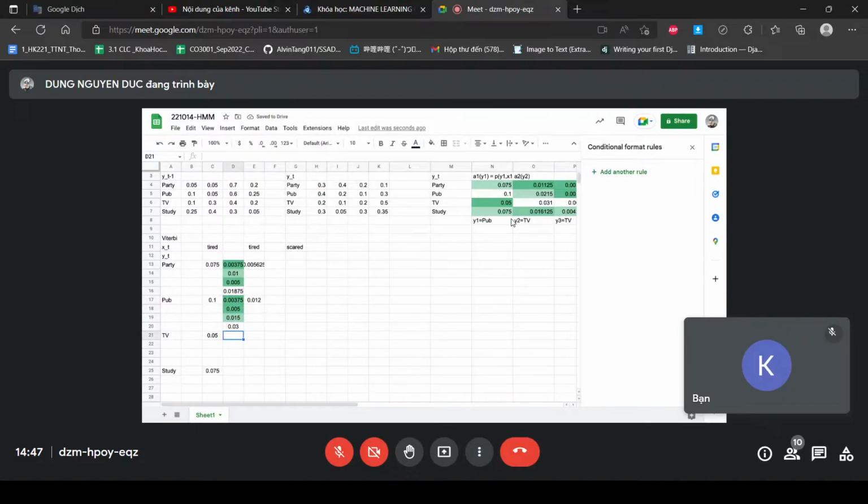So I will do this again. This one will be C13 multiplied with D4, equal to C13 plus 4, 17, multiplied with D5, equal to C21 multiplied with D6, equal to C25 multiplied with D7.